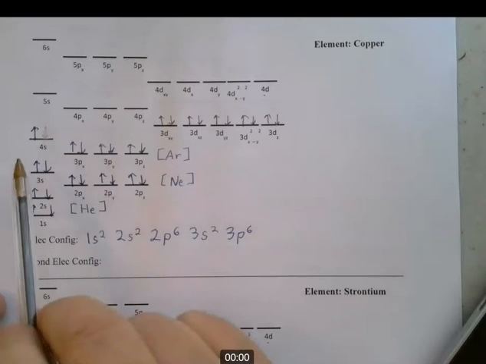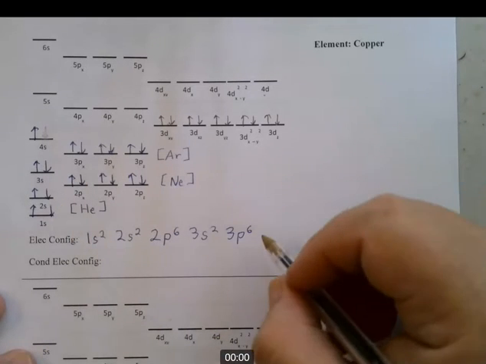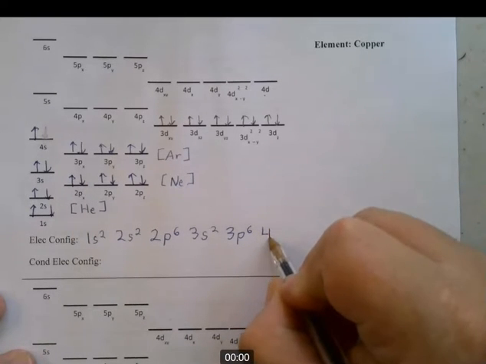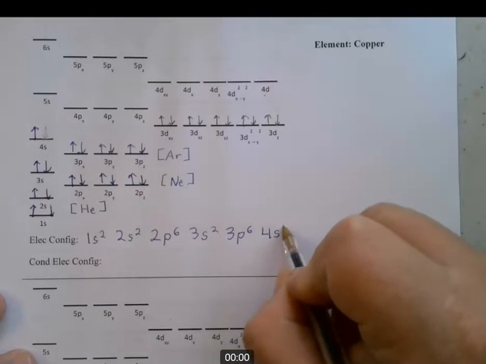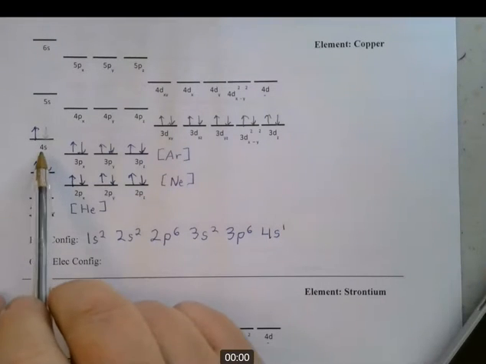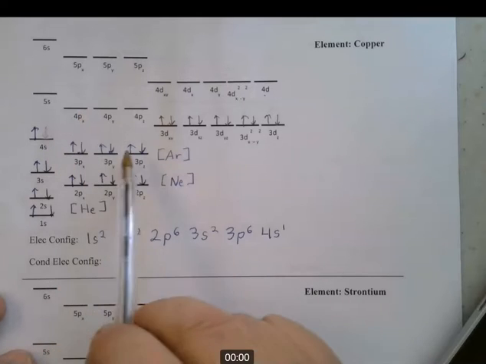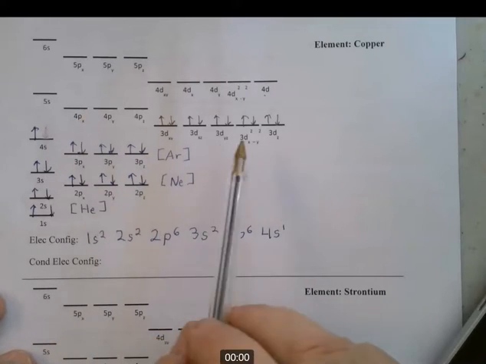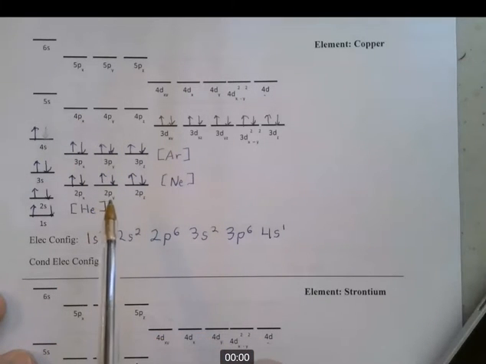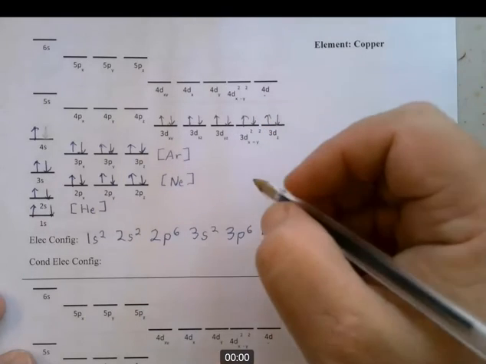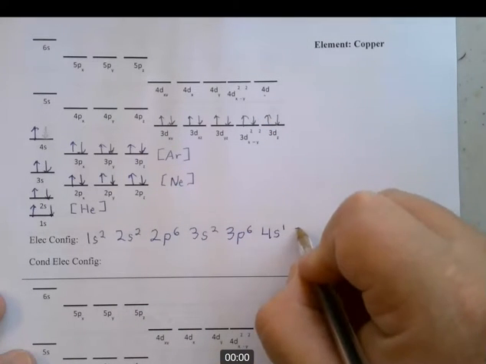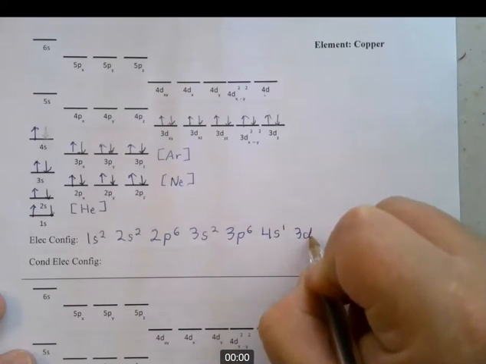Okay, and now the little tricky part here, we go to 4s, and the 4s only has one electron. There's the one electron. And then you don't go to the 4p, you go to the 3d. You just read the periodic table in the order that these appear. And that's going to give you 3d10.